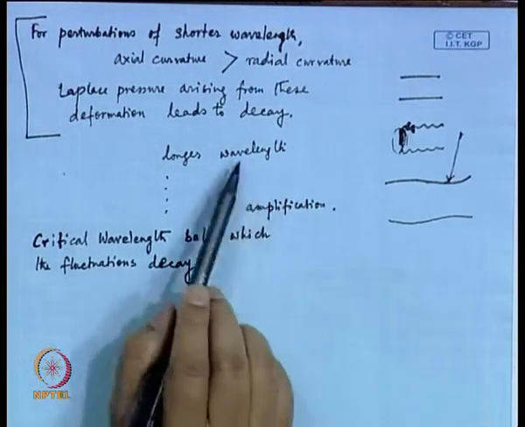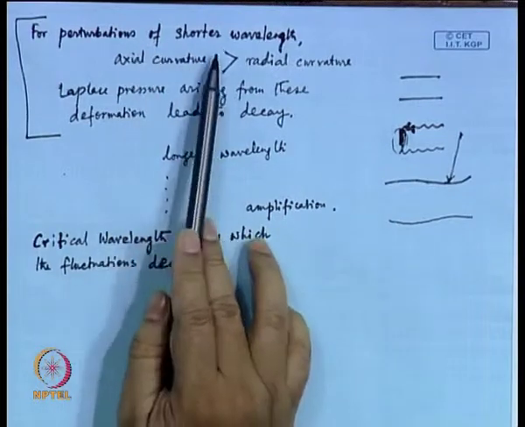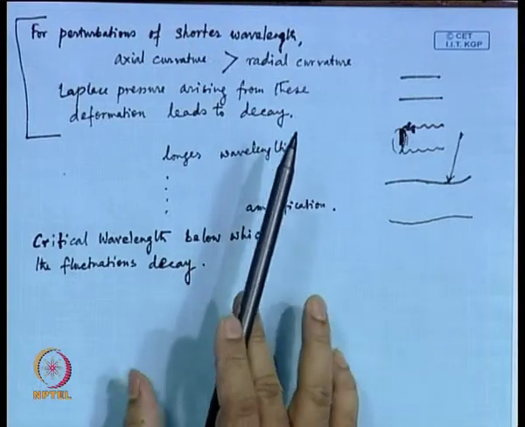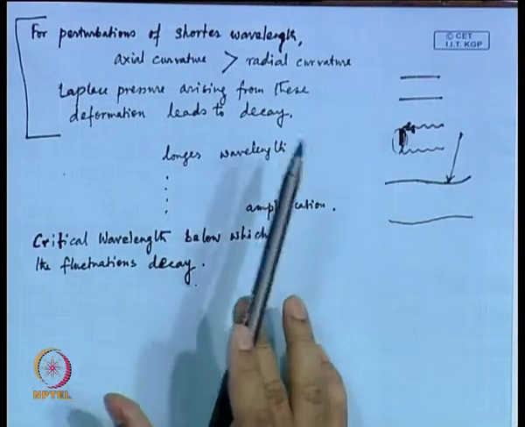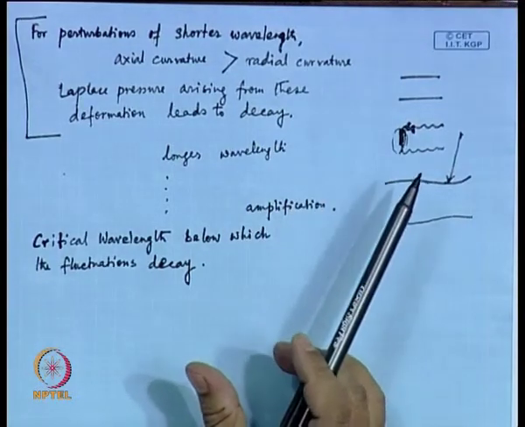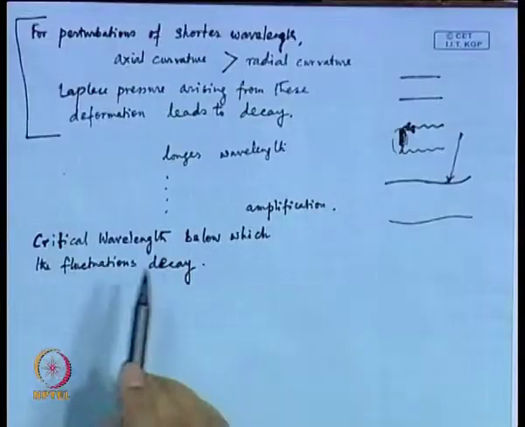What we are trying to say here is that for shorter wavelength, if there is a perturbation, that will decay, so it will restore its cylindrical configuration. If the wavelength is large, how large? There has to be some critical limit. If the wavelength is beyond that limit, then it will not decay anymore, rather the perturbation will amplify. So, what is that critical wavelength below which the fluctuations decay and above which the fluctuations amplify?